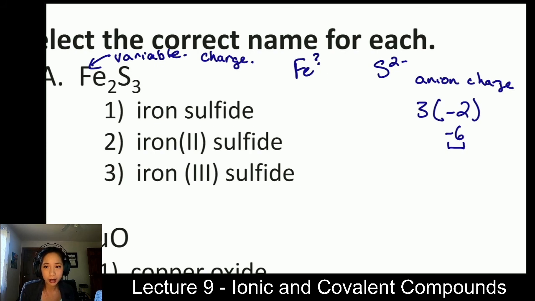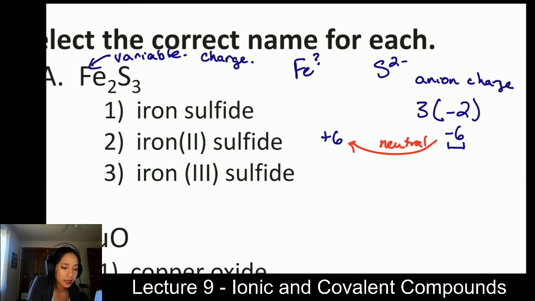It's a cation, it's a metal. So in order for this compound to be overall neutral, all of the cations must have a charge of +6, right? Because this has to be neutral. So I'll set up kind of the same equation. I see that there's two irons.